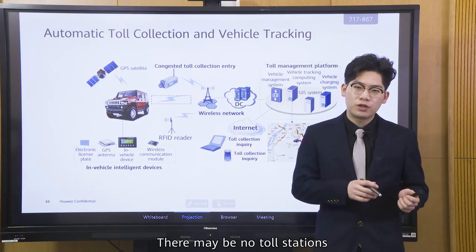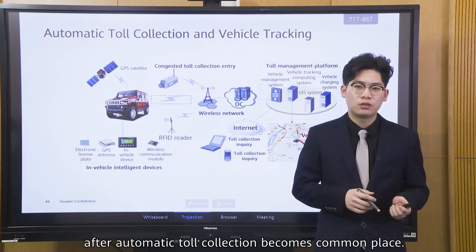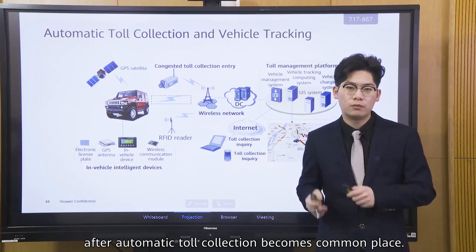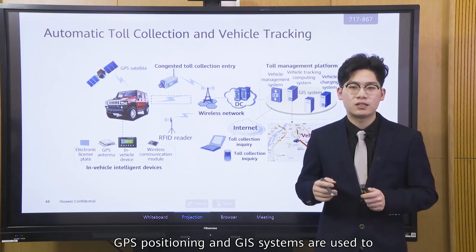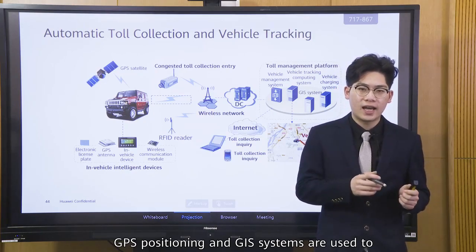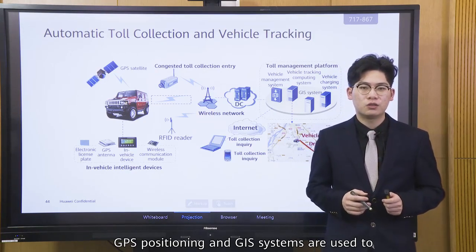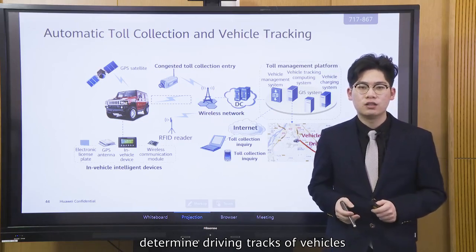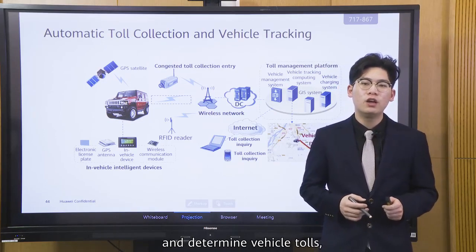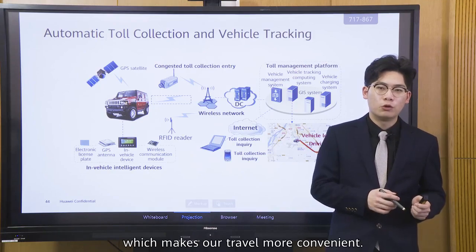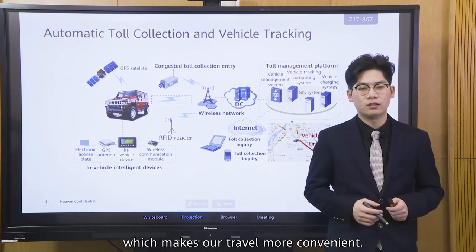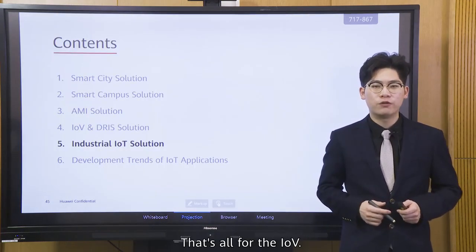There may be no toll stations after automatic toll collection becomes commonplace. GPS positioning and GRS systems are used to determine driving tracks of vehicles and determine vehicle tolls, which makes our travel more convenient. That's all for the IoV.